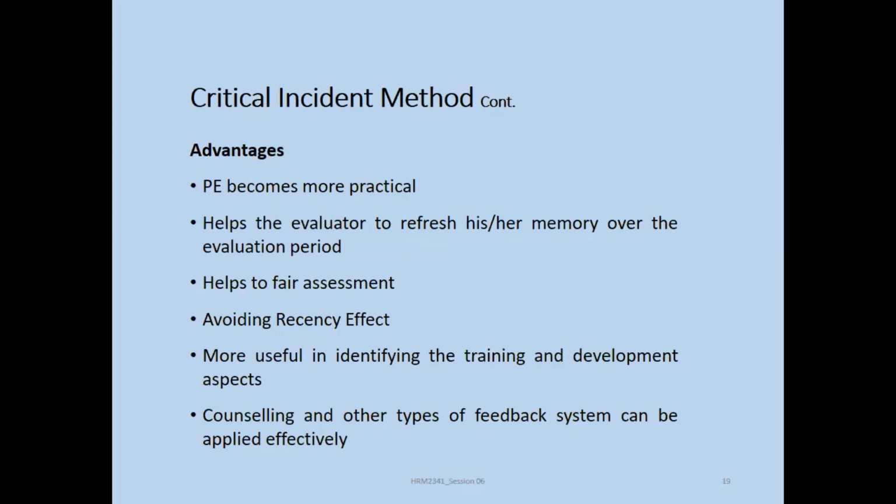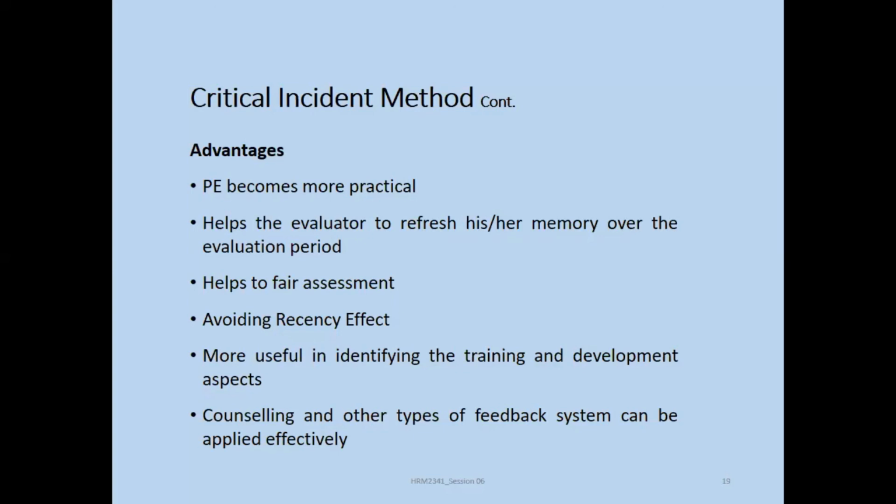Because of that recent behavior, supervisor A may get the higher rating.